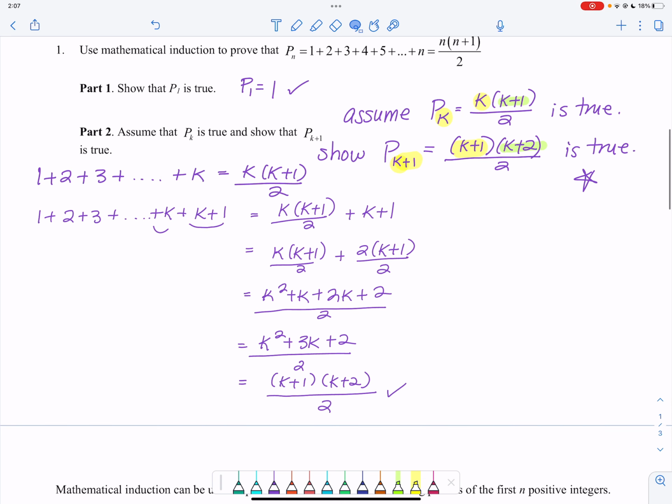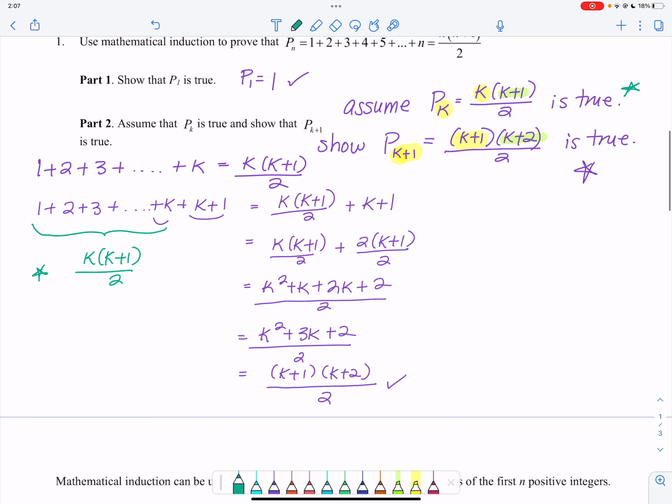So we assumed that this was true right here. So we said that this right here was k times k plus 1 divided by 2 from this statement right here. And then we still had our k plus 1 term.